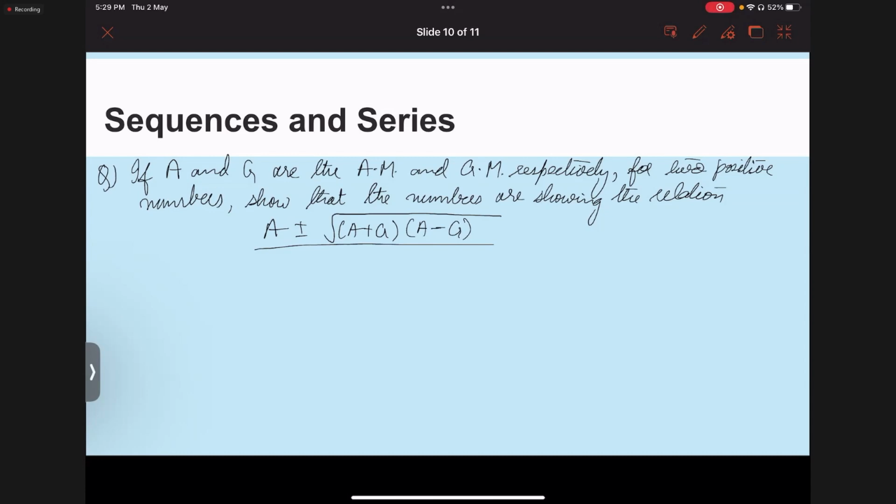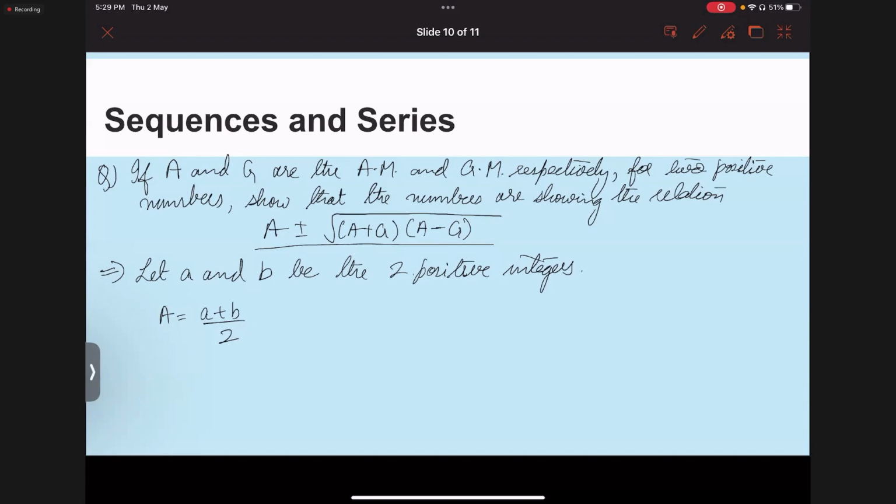Okay, so we can start by assigning two variables to the two positive integers. So let a and b be the two positive integers. Then your A, that is the arithmetic mean, will be (a plus b) divided by 2, and your G, that is the geometric mean, is going to be the root of ab.